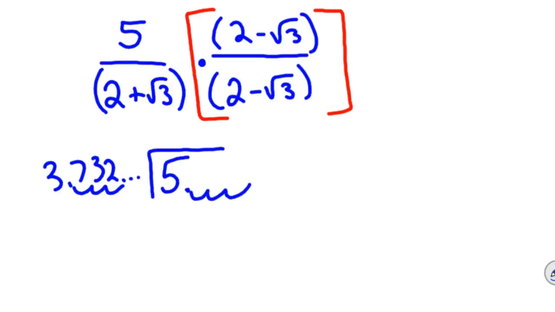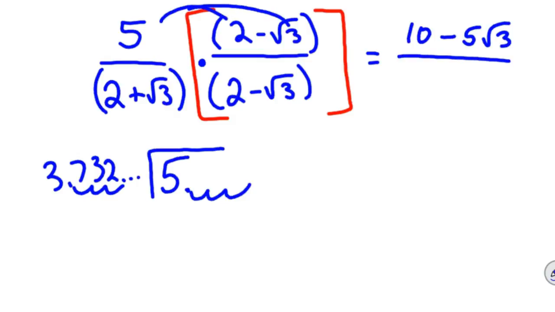And so what we have then is, if you use distribution, 10 minus 5 root 3 on the top, distributing the 5 through. And on the bottom, again, we've already done that, but it's 4 plus 2 root 3 minus 2 root 3 minus root 9.